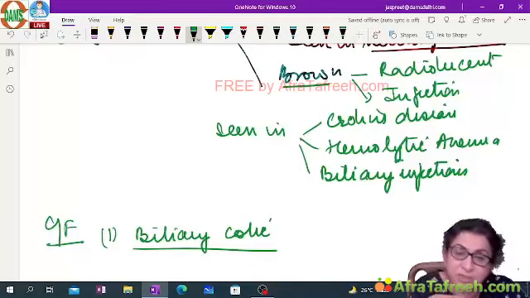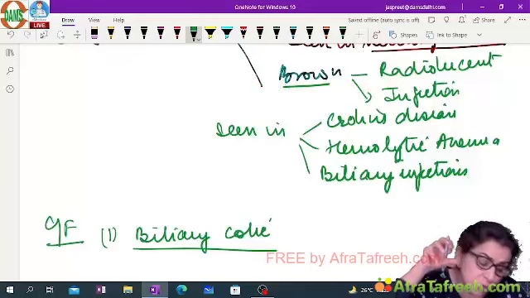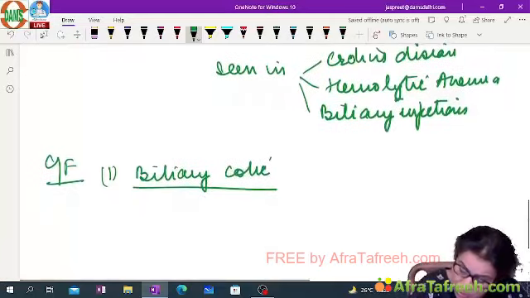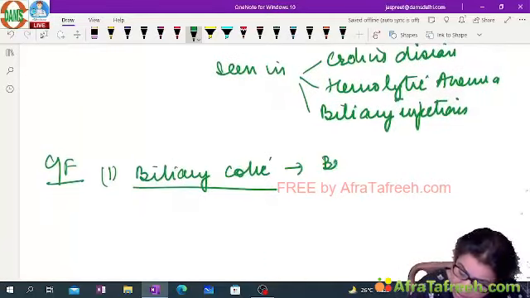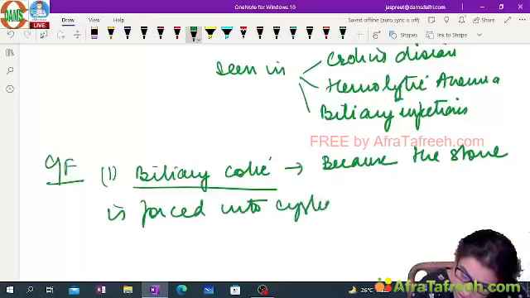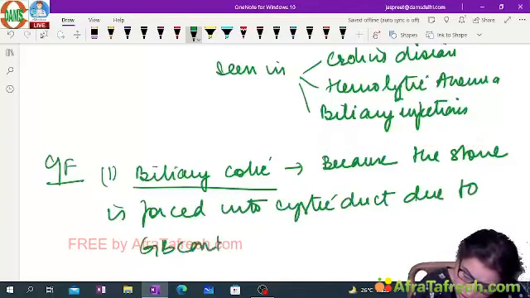On consumption of a fatty meal, there is neurohormonal activation that causes gallbladder contraction, and this forces the stone into the cystic duct, and that is what causes biliary pain. So biliary colic is because the stone is forced from the gallbladder into the cystic duct due to gallbladder contraction.